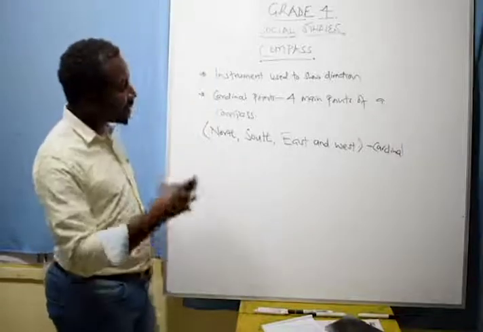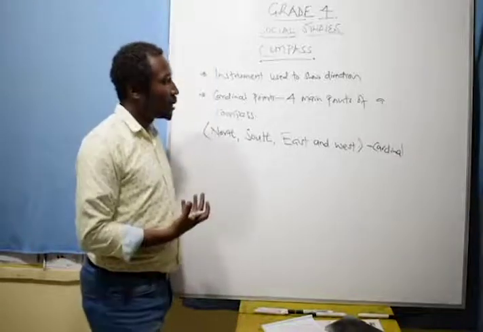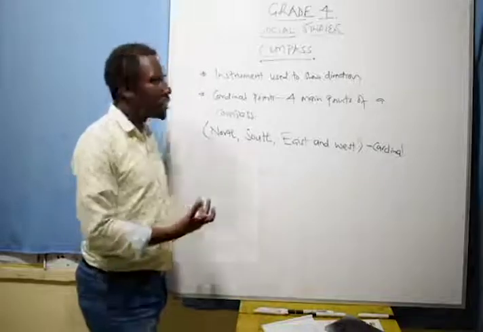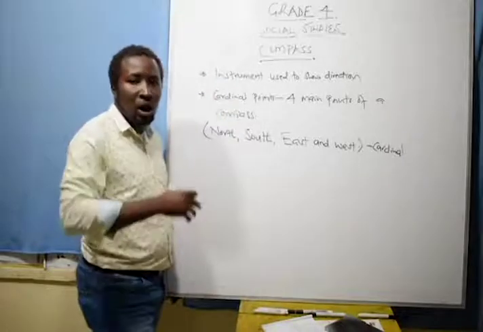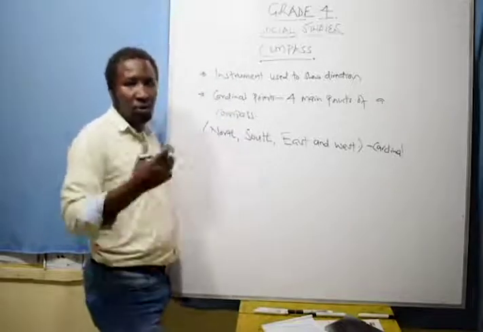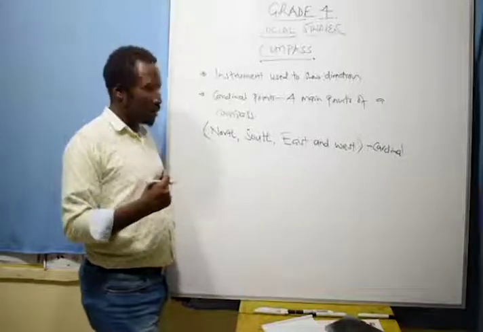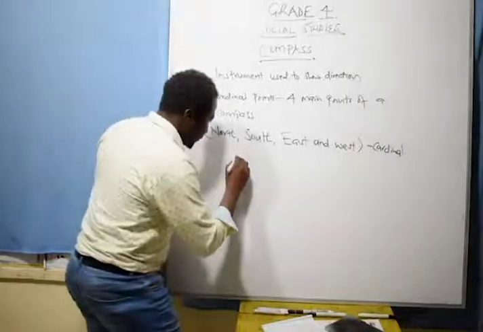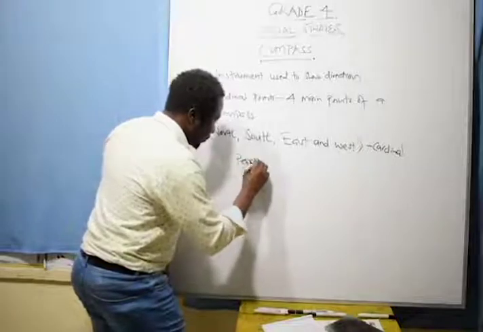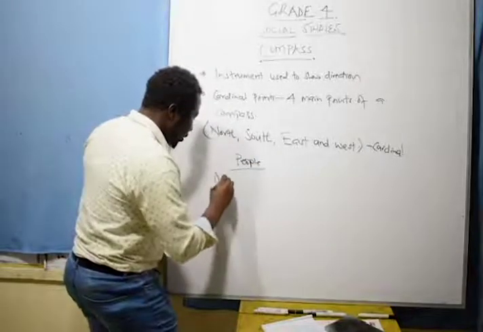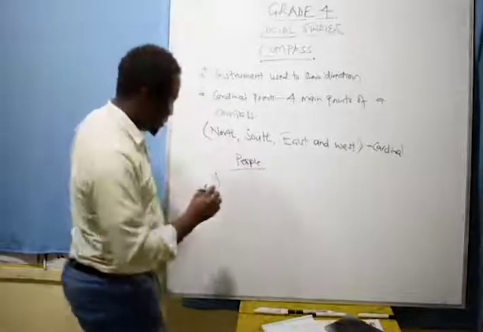Now, what is the importance of a compass? It's to show direction. Now, who are the people involved in using a compass? Number 1 is being used by the pilots.